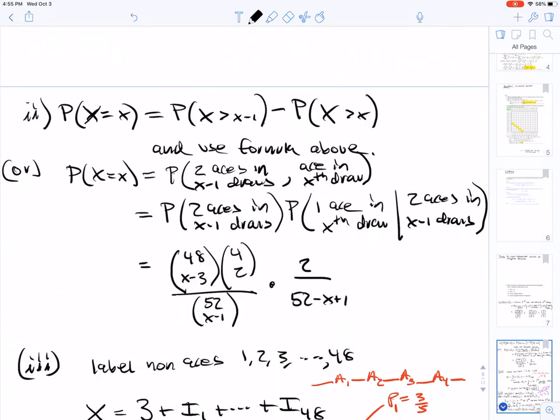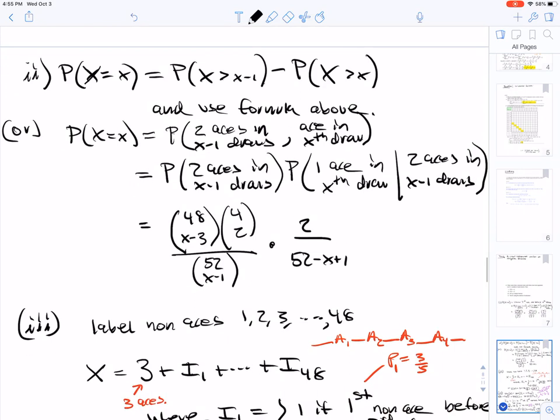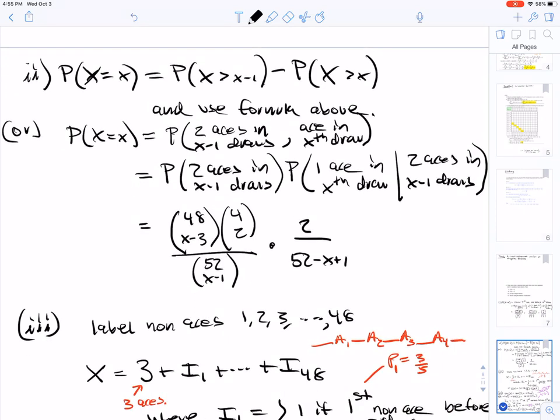The probability that X is x, I can either use part one, but more direct, I should say, is to realize the probability that X is x is the probability that I have 2 aces in x minus 1 draws and an ace in the xth draw.